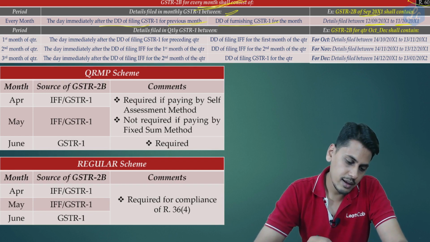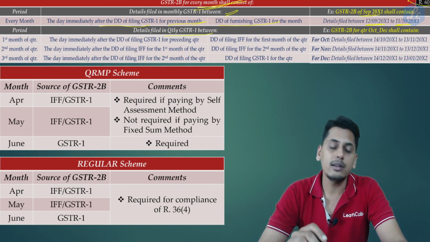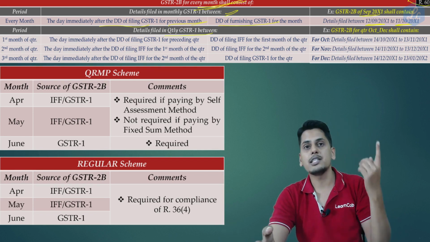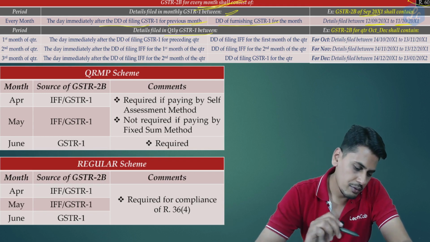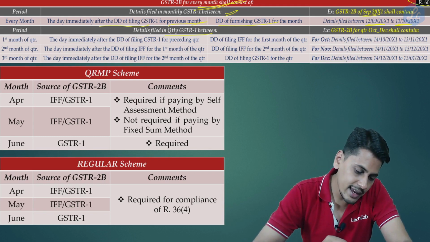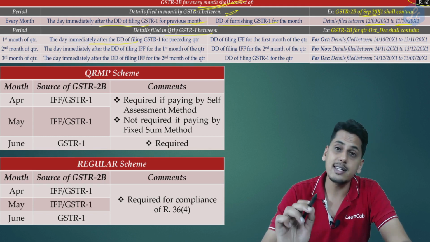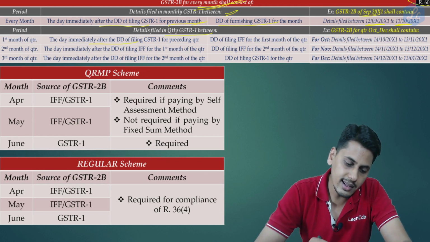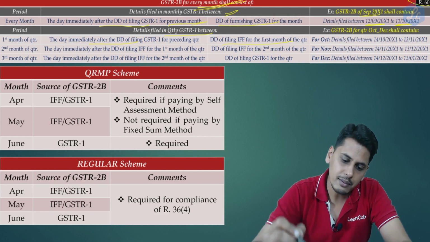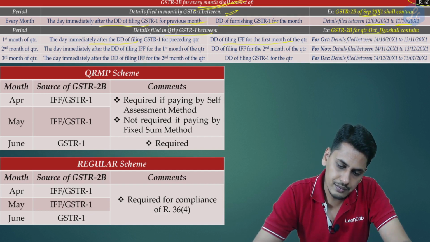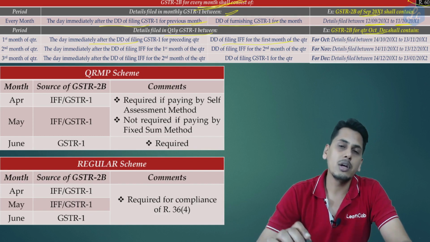The next one, the details which are filed in GSTR-1 quarterly. If my supplier is filing quarterly GSTR-1, then what would the cycle look like? For the first month of the quarter, the day immediately after the due date of filing GSTR-1 of the preceding quarter till the due date of filing IFF for the first month of the quarter. Say for example, GSTR-2B for October to December.